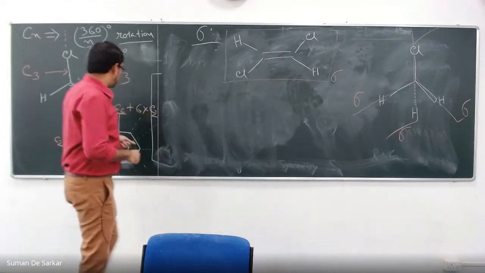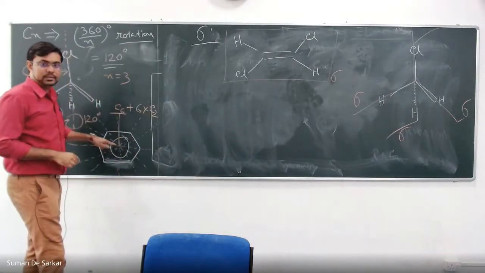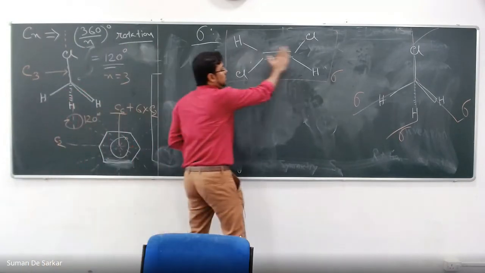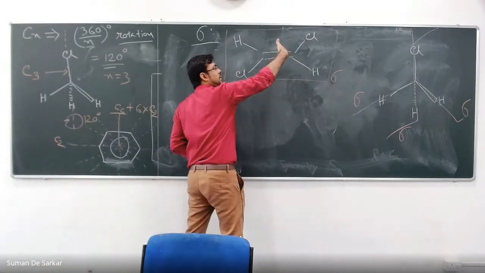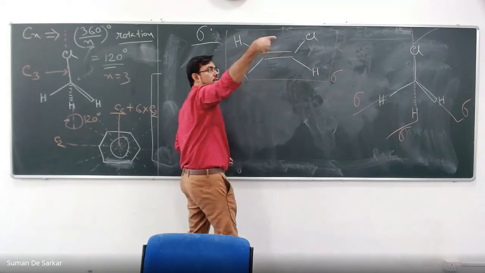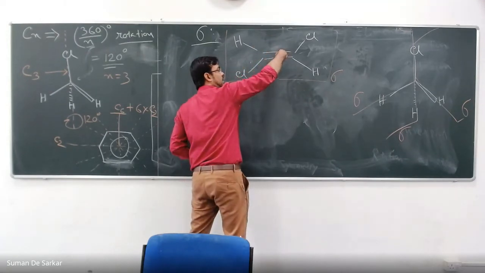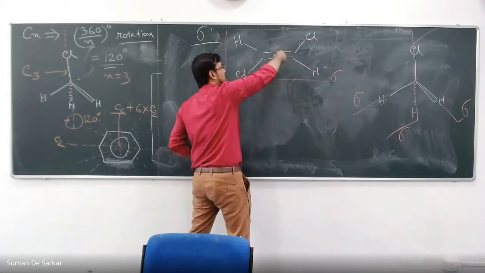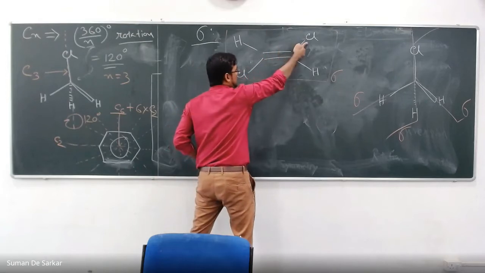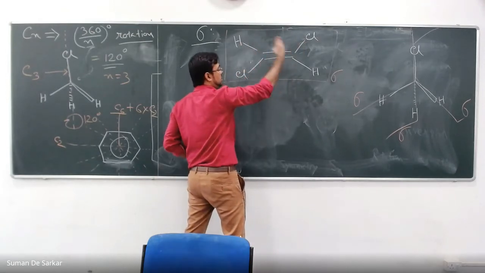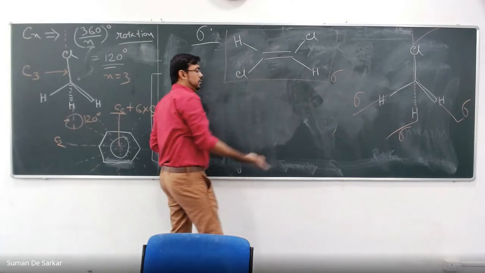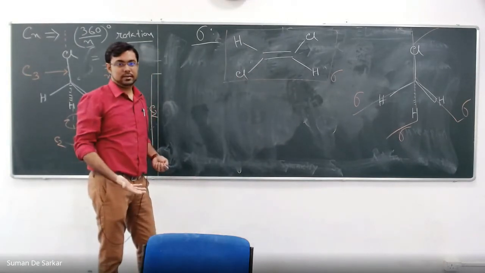Yes, exactly. It's like the C6 of benzene. This is a planar molecule, and if you rotate 180 degrees, then this chlorine will go there, this chlorine will come here, this hydrogen will go there, this hydrogen will come here, and you will get an identical structure, isn't it?